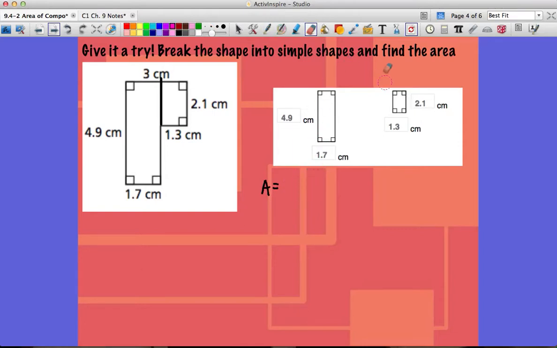Then we were able to keep 1 3/10 centimeters as the base here and 2 1/10 centimeters as the height there. So we have a base of 1 7/10 centimeters times the height of 4 9/10 centimeters. And for rectangle number 2, we have a base of 1 3/10 centimeters times 2 1/10 centimeters.